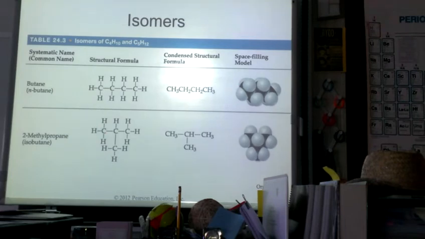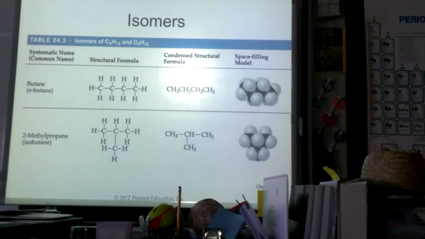An isomer is something that has the same molecular formula, but the atoms are bonded in a different order.